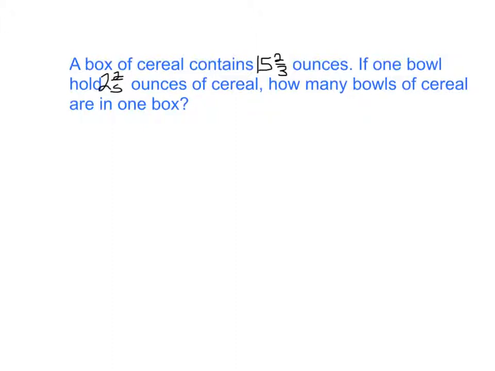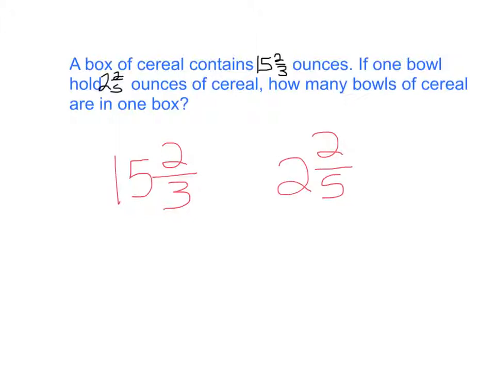We can also use fractions in word problems, and we can use them to find the number of equal size groups in a variety of examples. So this example here is a box of cereal contains 15 2/3 ounces. If one bowl holds 2 2/5 ounces, how many bowls of cereal are in one box?